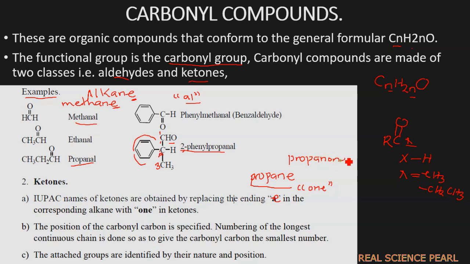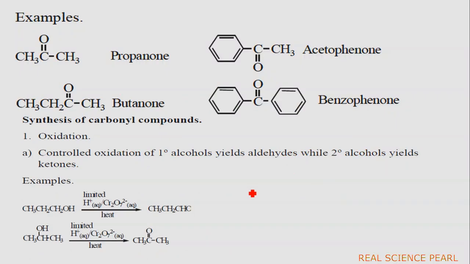That's how we name the carbonyl compounds. So basically we're having two, that is aldehydes and ketones. Now the examples of ketones, as I've showed you already, this is CH3.